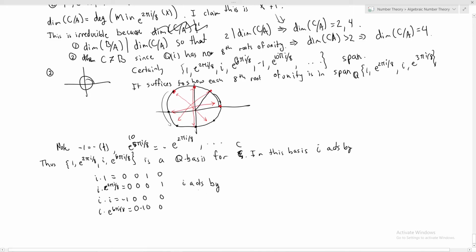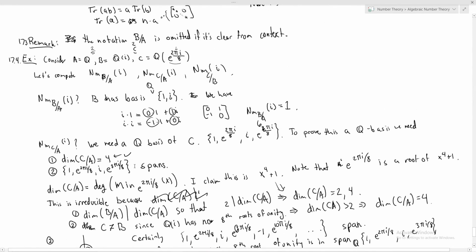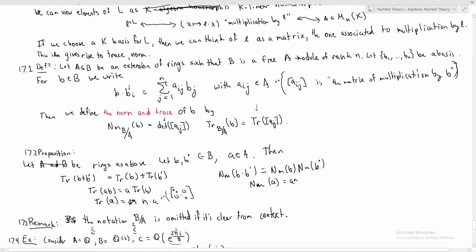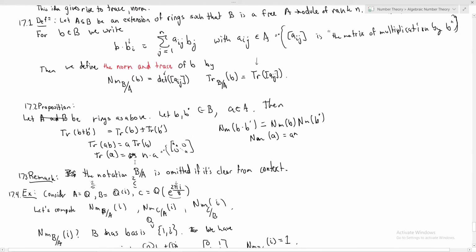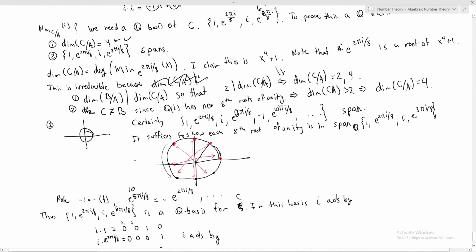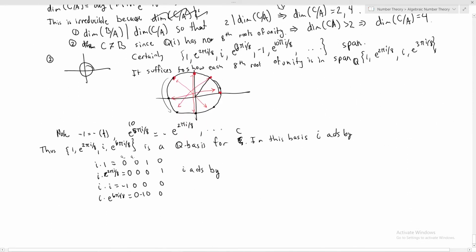Okay, let me just think, I want to get this right. According to this formula up here, it should be... okay, actually no, this isn't transposed.